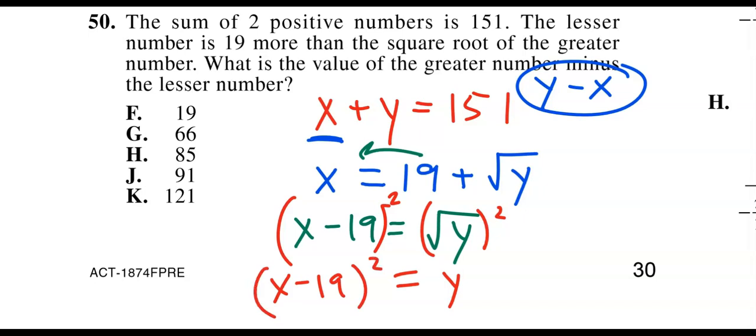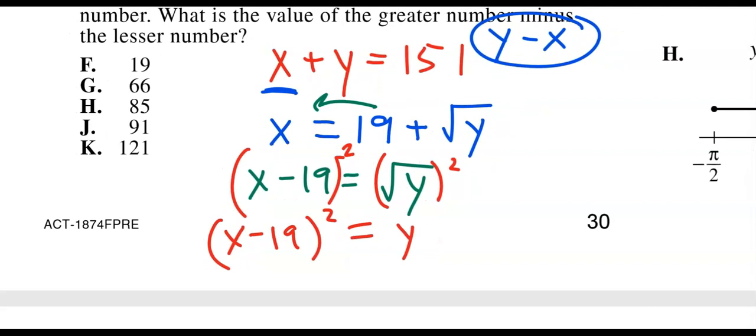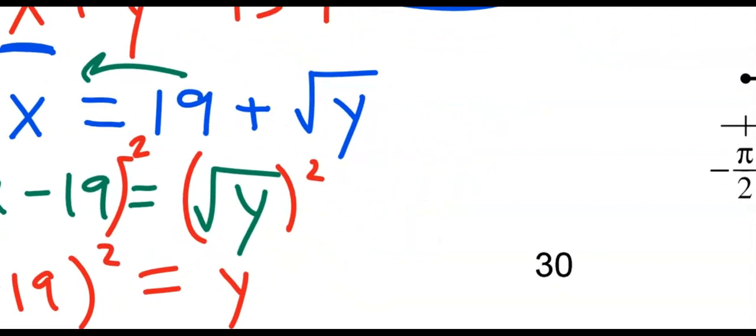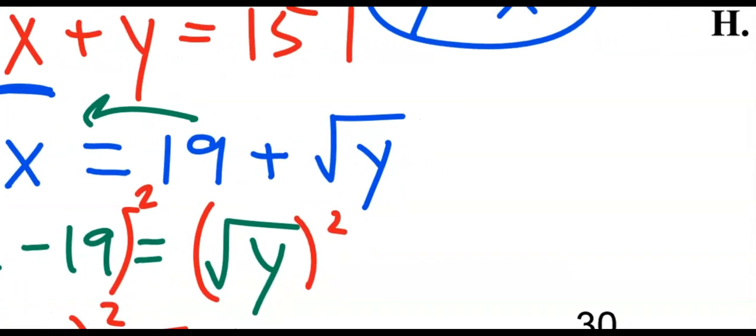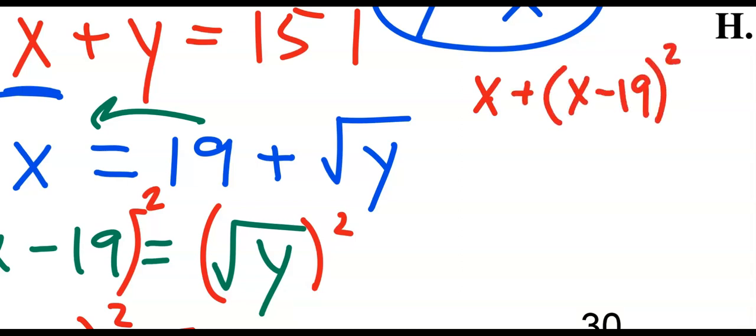Okay, and now I can do the substitution, and it should be a little bit nicer, although I am really out of room here, so I'm going to have to be careful with my substitution. Okay, so we got x plus x minus 19 squared, because that's my y, equals 151.